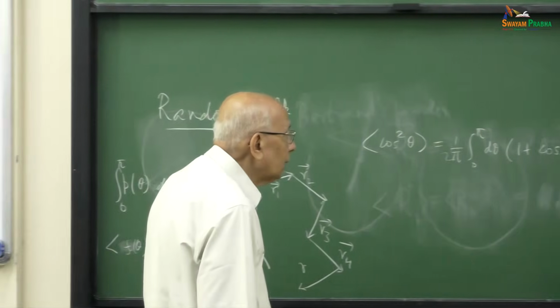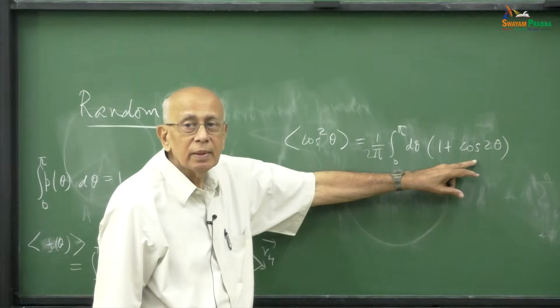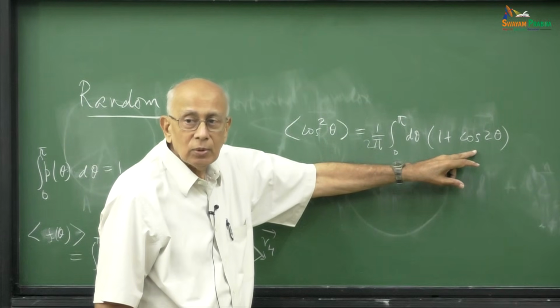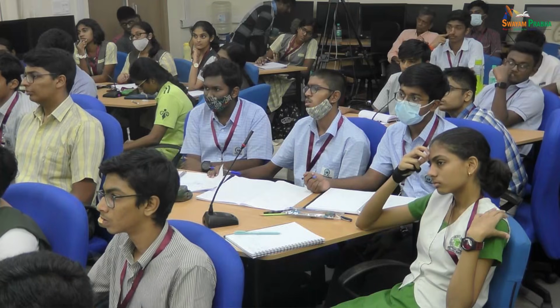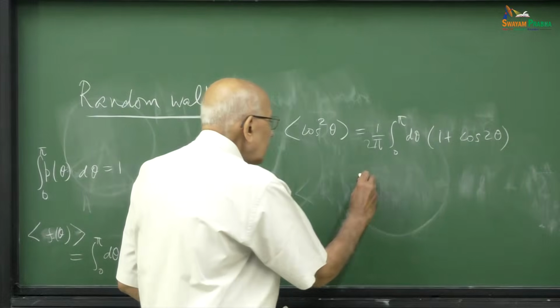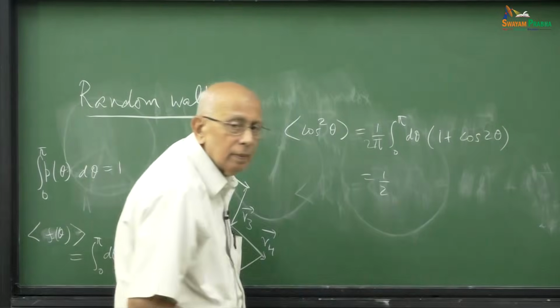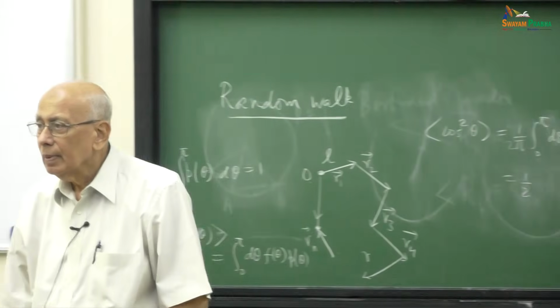So what's the value? 1 by 2 times theta with limits 0 to pi. What's this going to give on integration? It's going to give sine 2 theta, right? And that will be 0, both at 0 and pi. So that's gone, you don't have to worry about it. This gives you a constant, pi. Okay? Understood? If you give me some other non-trivial P of theta, this is a different problem. Then you have to put in that P of theta and integrate.